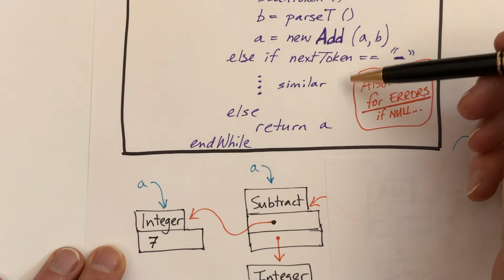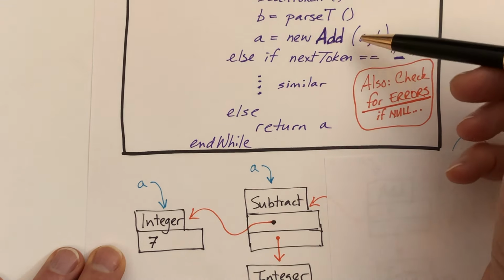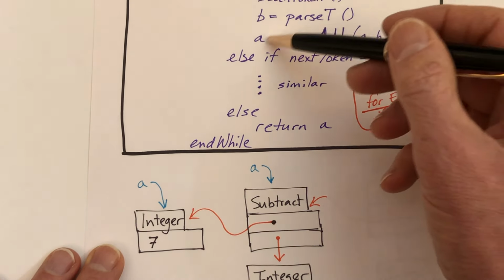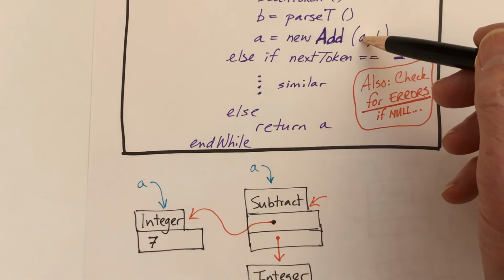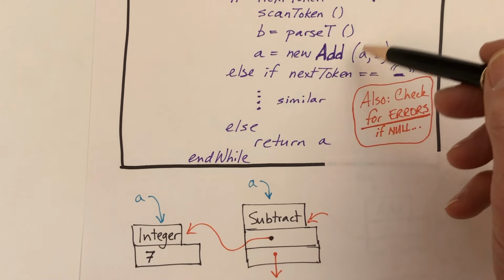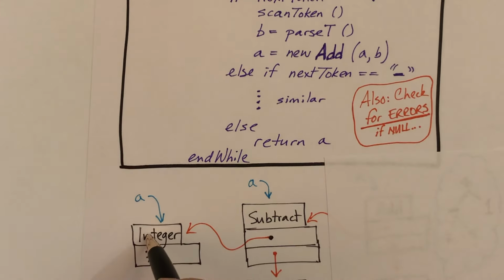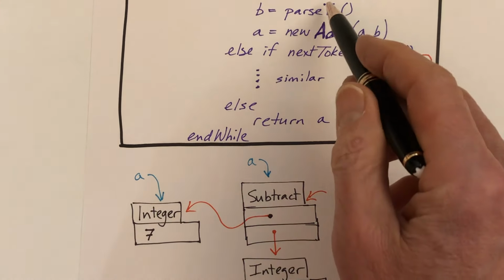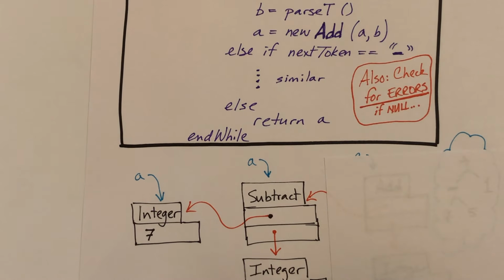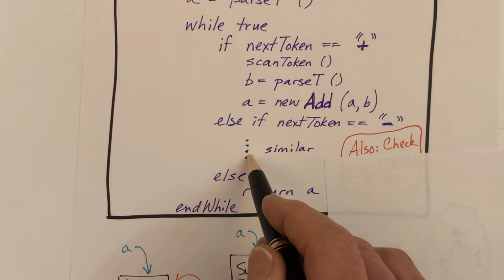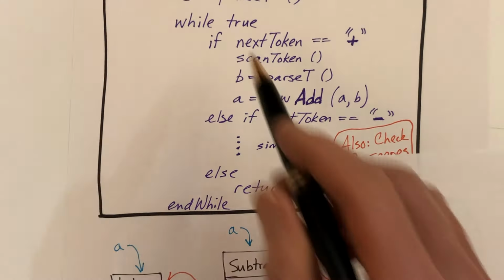We're going to call parse t, and then we're going to create a new node, a subtract node, and we'll call it A. And we're going to use as the left pointer the pointer to the previous A, that is the pointer to the 7 node, and B, the new term that we just picked up, which is 5. And that will become our new A. Okay? And then we repeat the loop.